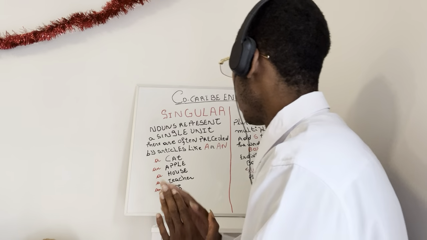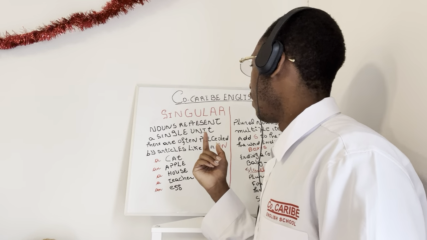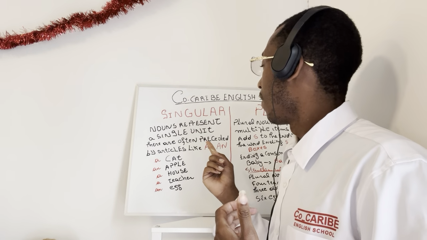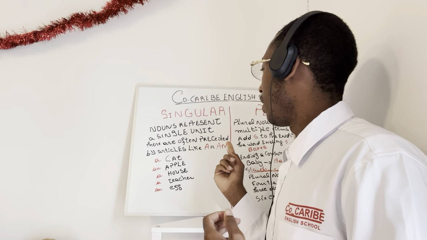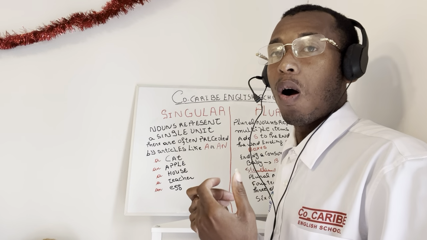Let me show you. Singular. Now, singular represents a single unit. They are often preceded by an article like a and an.